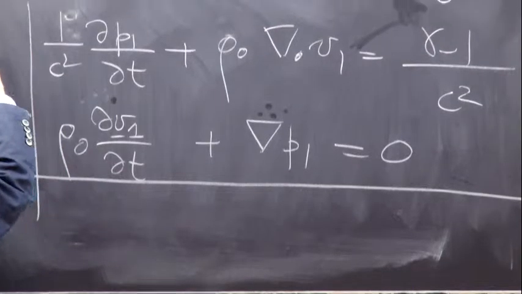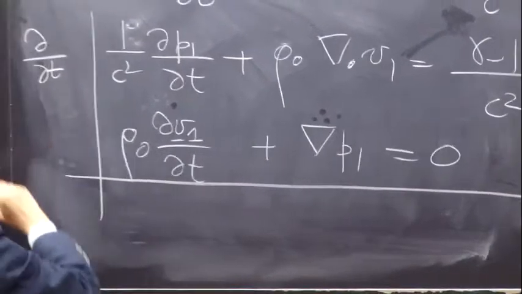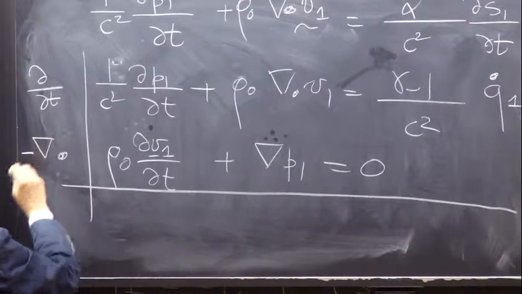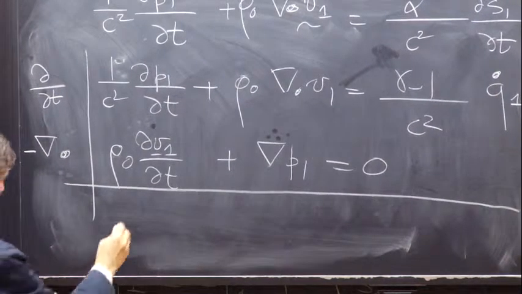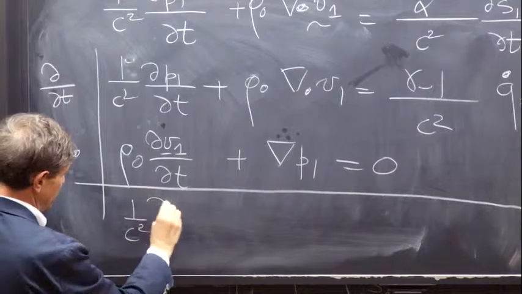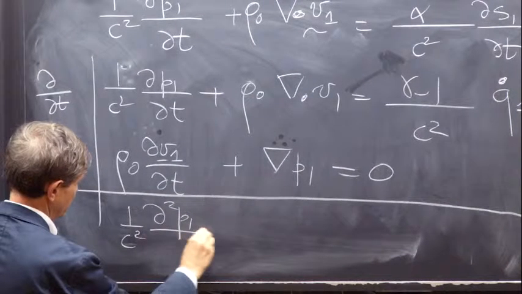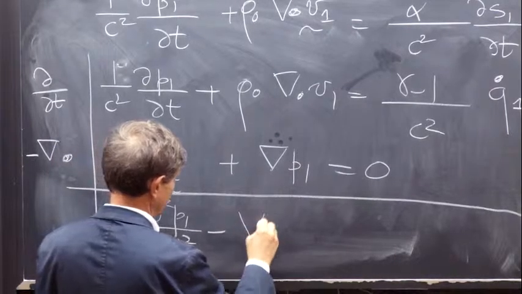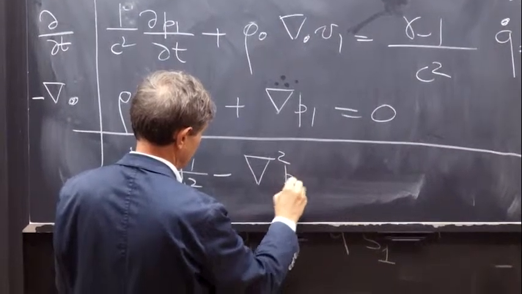By taking d by dt of the first one, and taking the divergence of the second one with a minus sign, you get 1 over c squared d2P1 by dt squared minus Laplacian of P1.